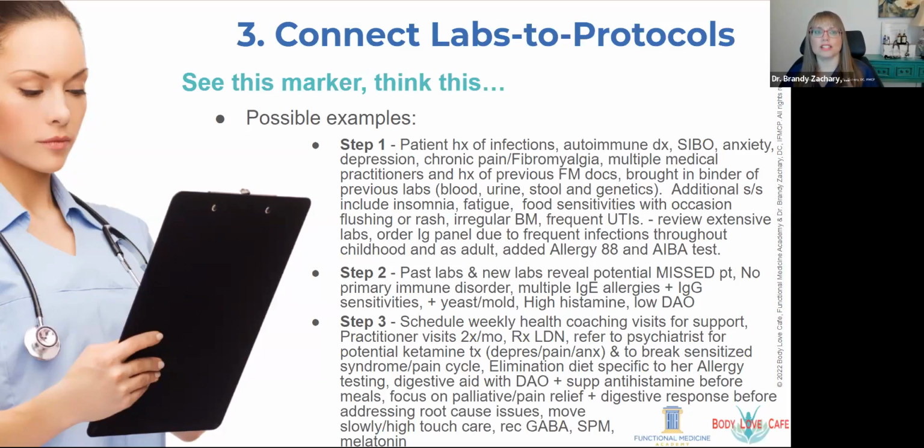And then we focused on palliative and pain relief and digestive response before addressing the root cause issues based on what was going on with this patient. So we had to move slowly, high touch care. We recommended GABA, SPMs, and melatonin also as part of the palliative care.